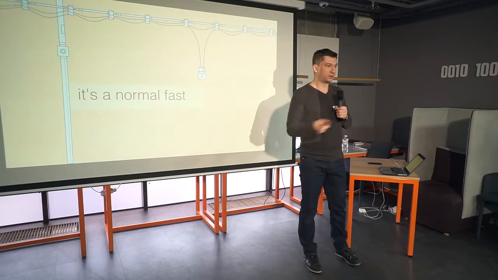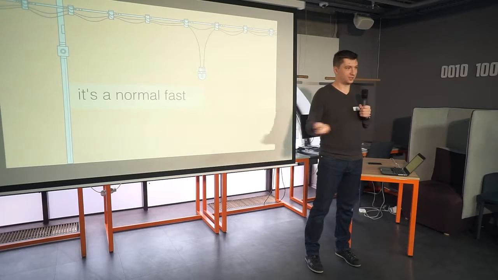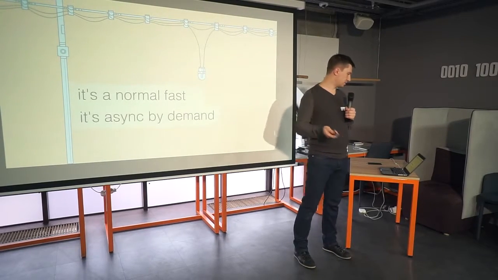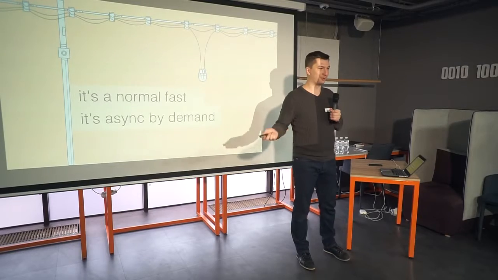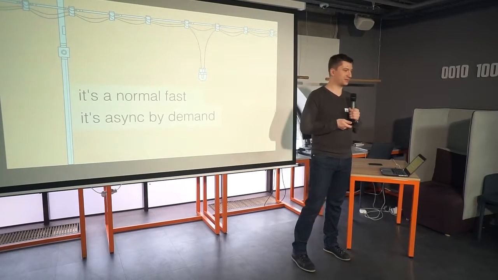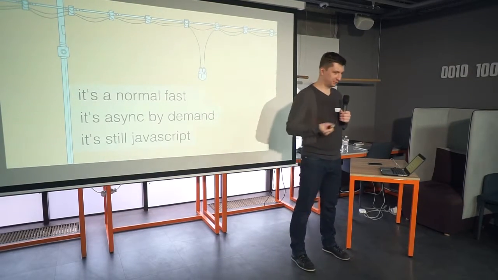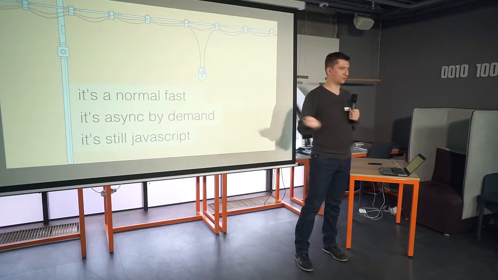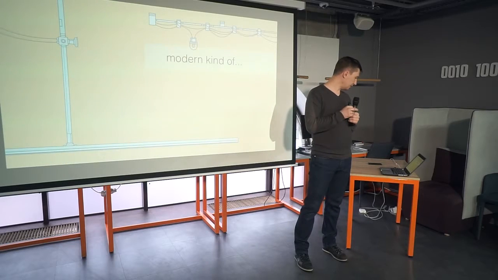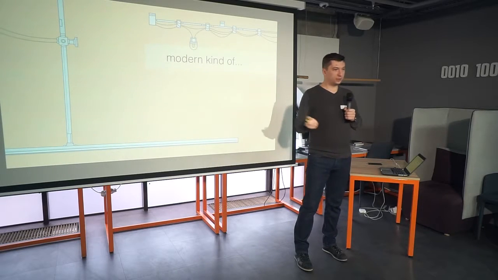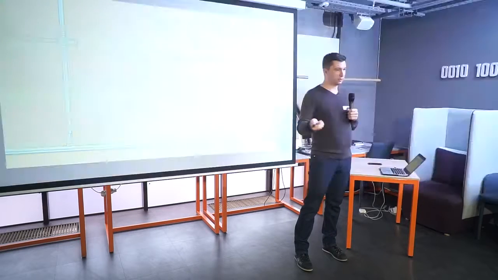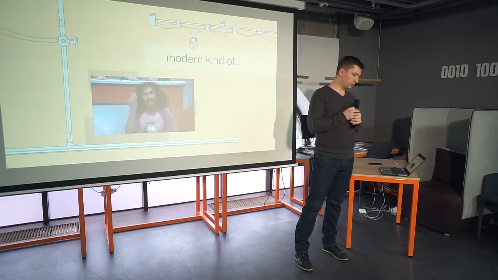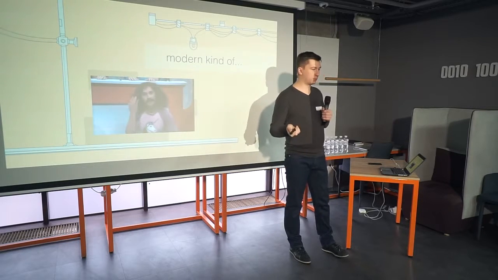Actually, Node.js, like Ruby, like any other language, is just fast without any additional things. It just uses the normal flow with simple threads, and it's still JavaScript. But anyway, in this case, Node.js also looks like magic. With Elixir, we have the same problem.